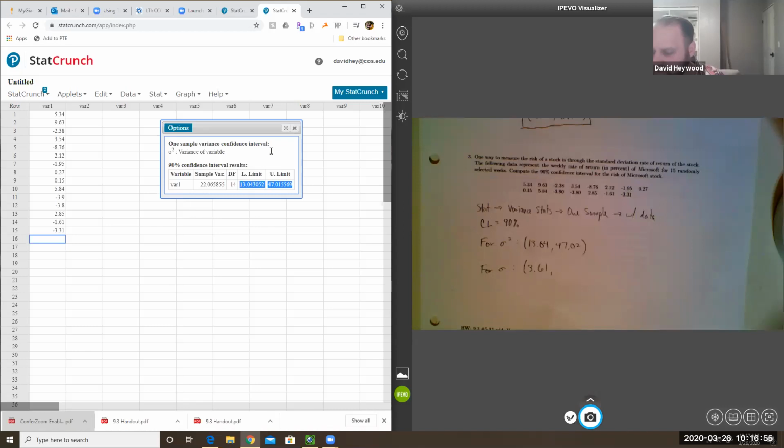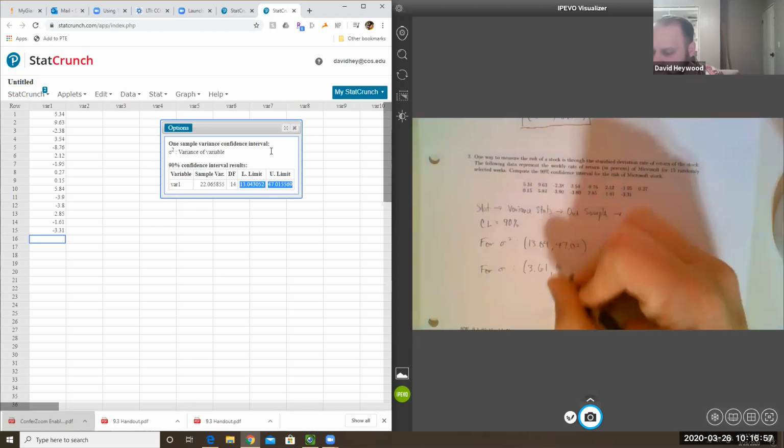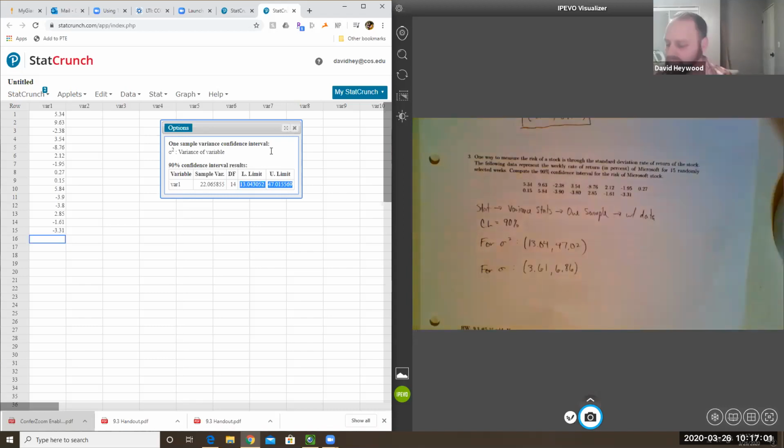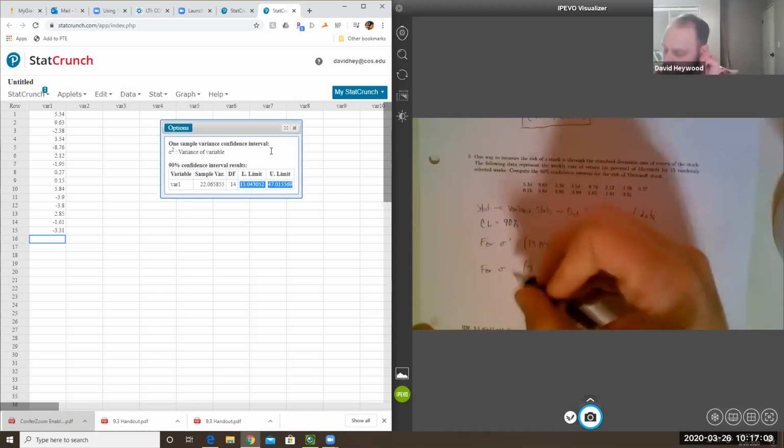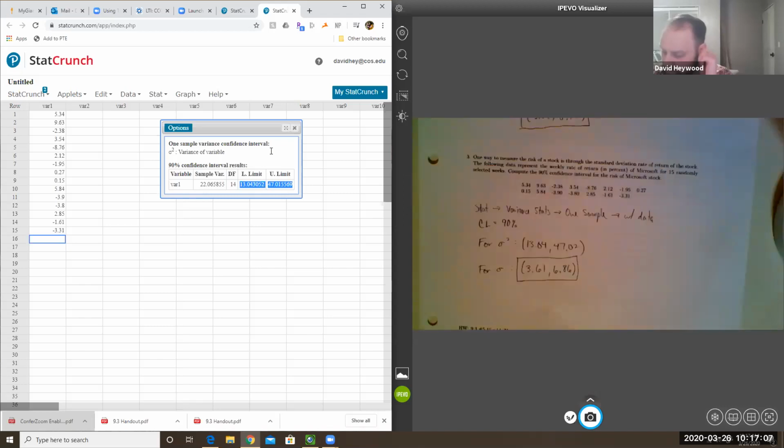And that's about 6.86. Okay, so there's our confidence interval. Okay, so we can be 90% certain that the risk of Microsoft stock is somewhere between 3.61 and 6.86.